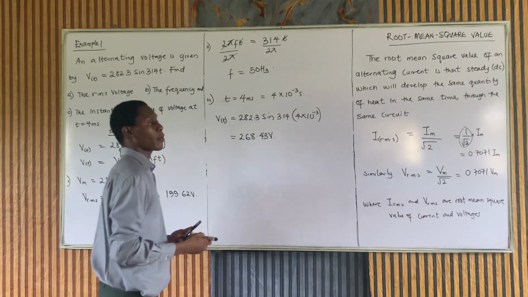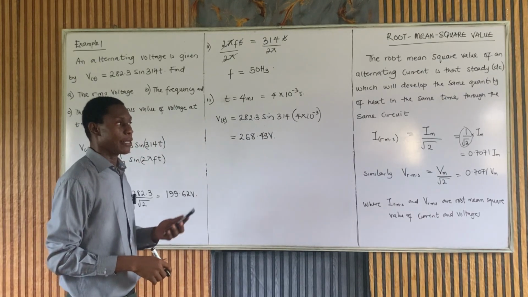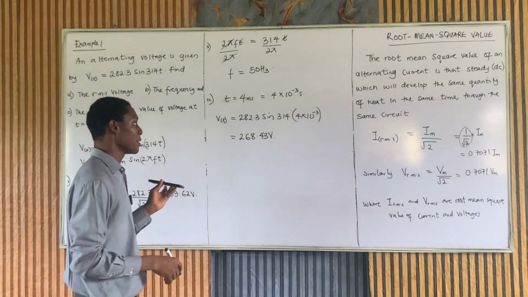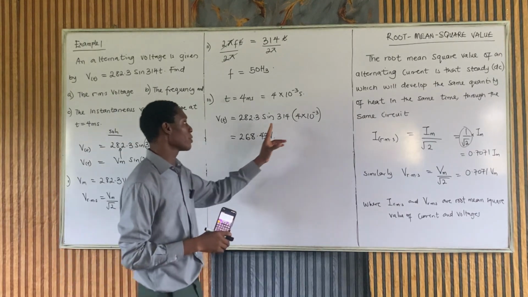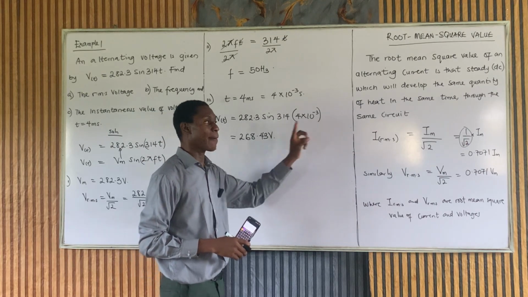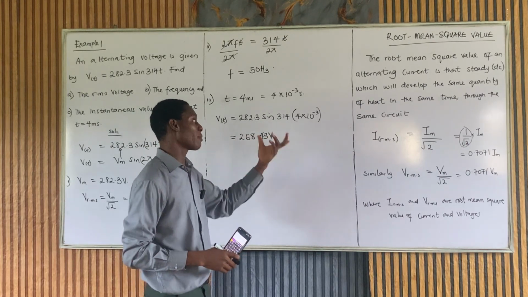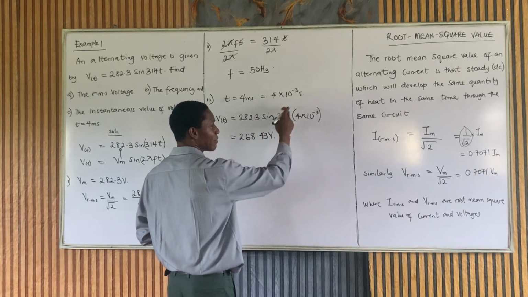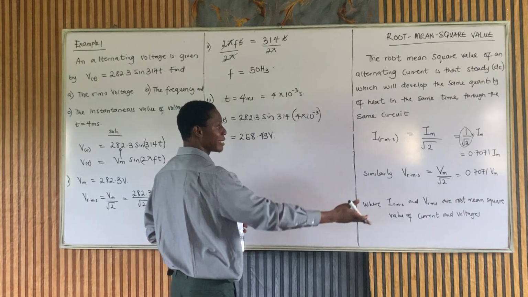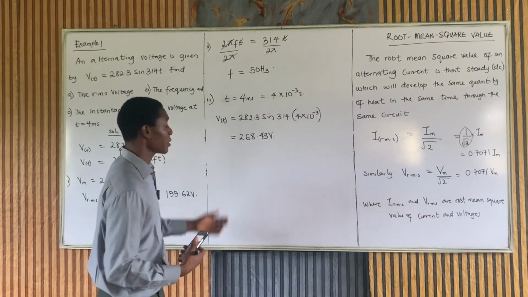Now, mind you, if you evaluate with me, you may not get this answer. That's because your calculator may not be in radian. To evaluate this, please take note that our angle is in radian, and because of that, you must convert your calculator to radian before you evaluate. Or, if you multiply these two, whatever it gives to you, convert it to degree first before you evaluate. So that's for this question.